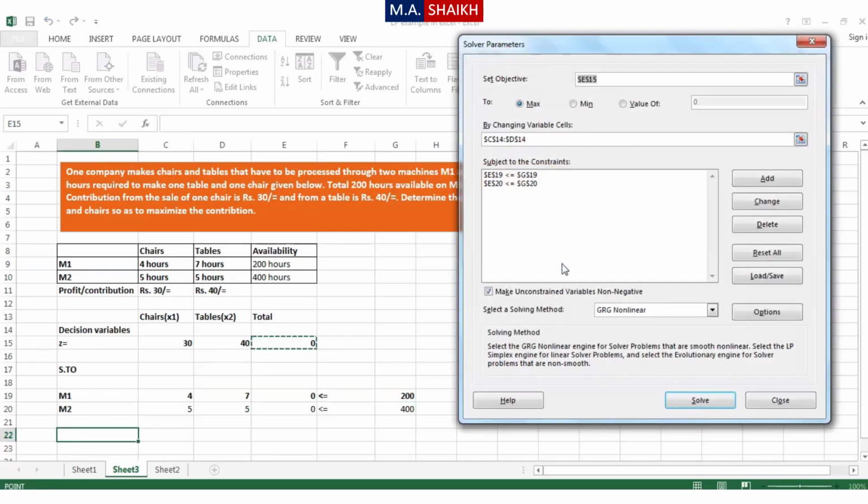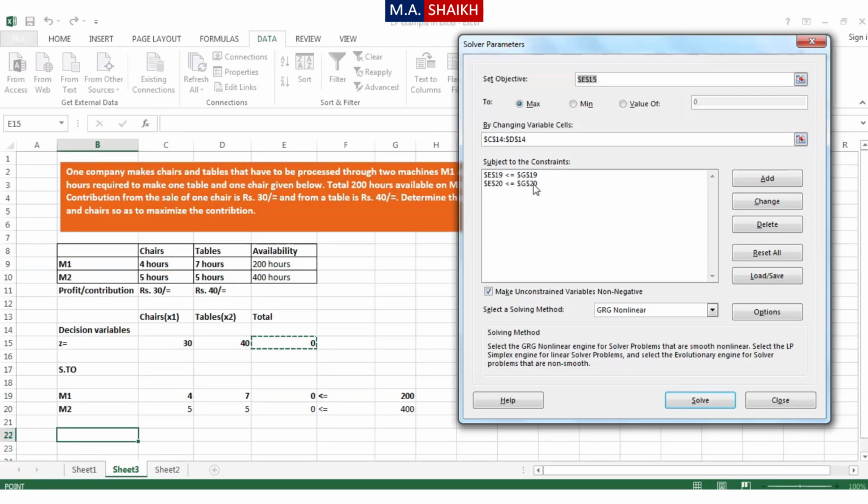Okay. So these are the constraints we have added, and these are decision variables. We have to get the values, and this is the value of Z, which we also have to get. So this is the objective function, value of Z. These are decision variables, and these are the constraints.